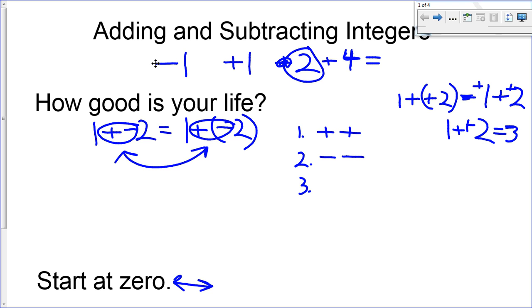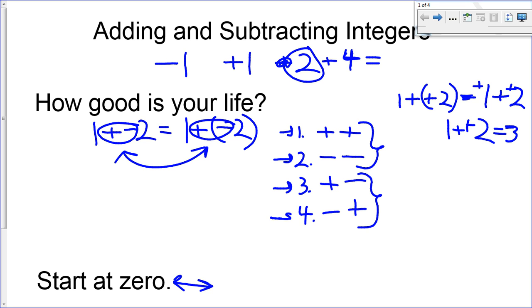The third scenario is plus a negative, and the fourth scenario is minus a positive. Now what I want to show you is that these 2 and these 2 are grouped together because they essentially mean the same thing. Number 1 and number 2 mean the same thing. Number 3 and number 4 mean the same thing as well.